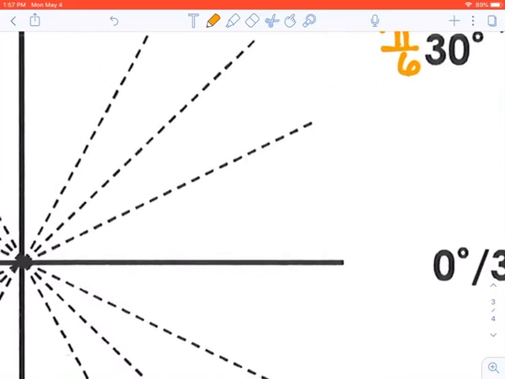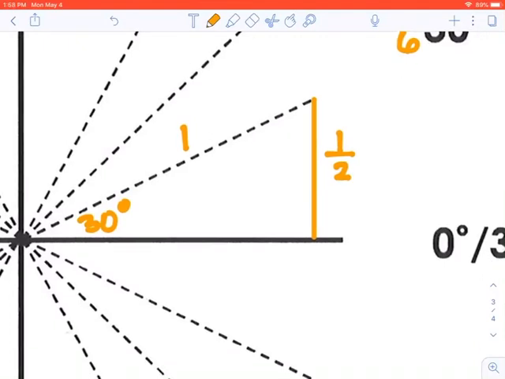Now, for your 30-degree angle, so here's my 30-degree angle, I'm going to create a triangle. And we said our radius is 1, okay? And just a moment ago, I said if the radius is 1 or the hypotenuse is 1, then the short leg is going to be 1/2 because the hypotenuse is 2 times that short leg. 2 times 1/2 is 1. And then the long leg, remember, so the angle 60 degrees is going to be up here.